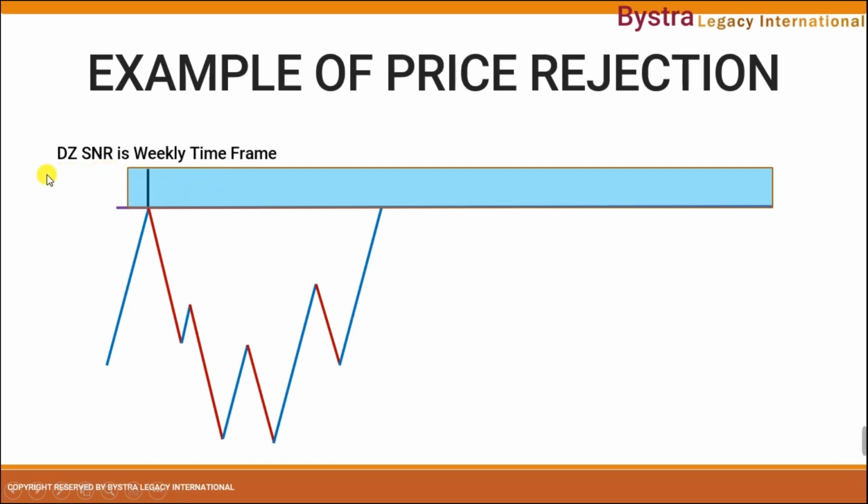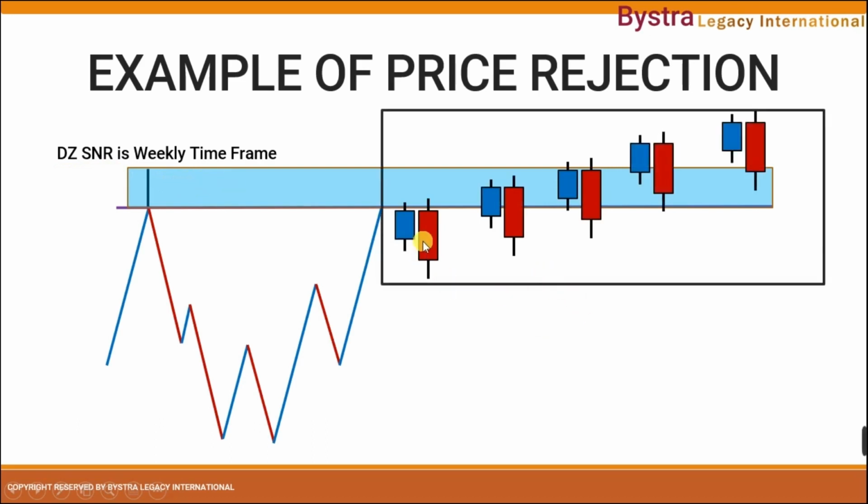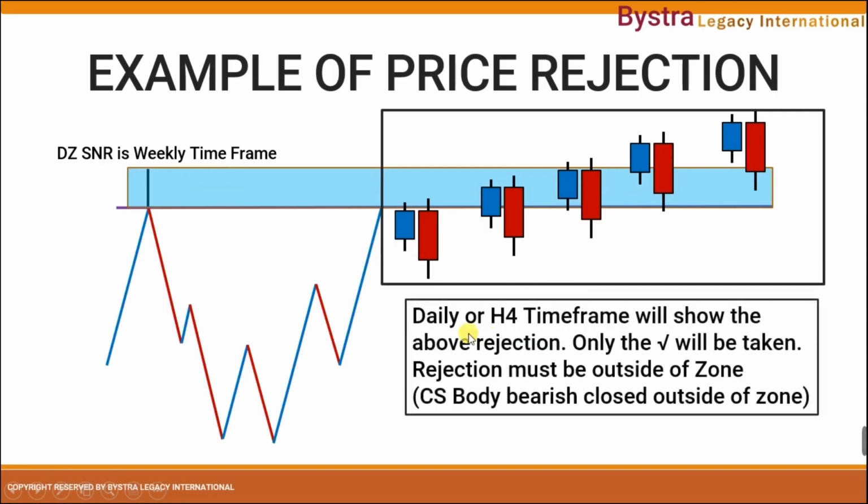Okay, so this is the DZ SNR in the weekly time frame. Here there are 1, 2, 3, 4, 5 situations where the daily and the H4 time frame show the rejection. The daily and H4, as I mentioned again, are the 1 or 2 time frames lower than the weekly time frame of the danger zone SNR.